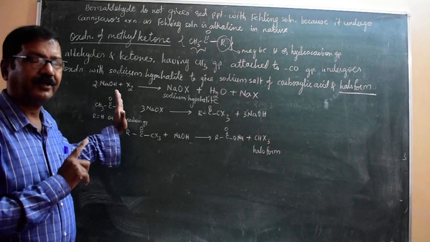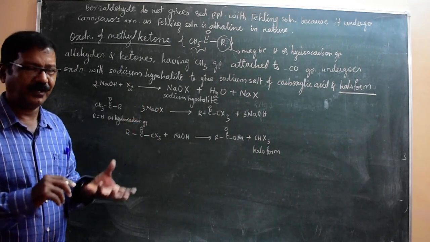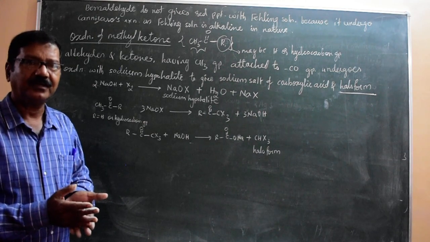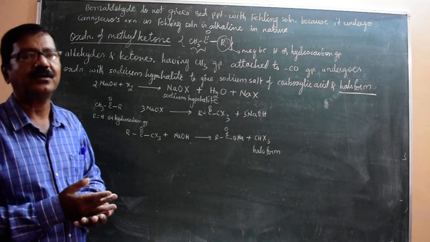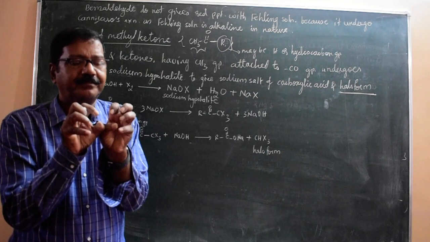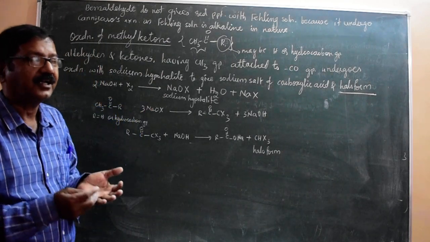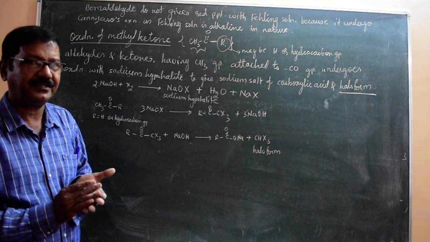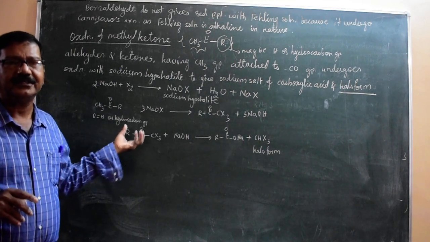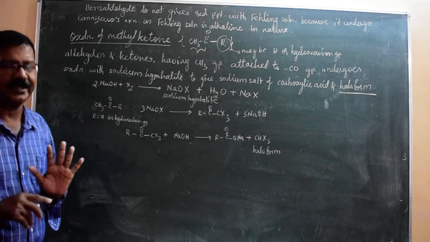If you use a strong oxidizing agent, then the double bond breaks and you get ketones or sometimes aldehydes, depending on which type of carbon the double bond is present on. But this is not that strong, so here the double bond is not affected by the sodium hypohalide.